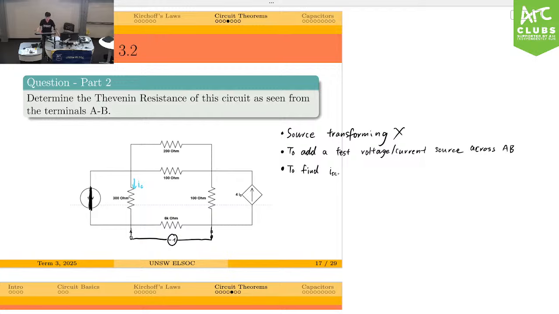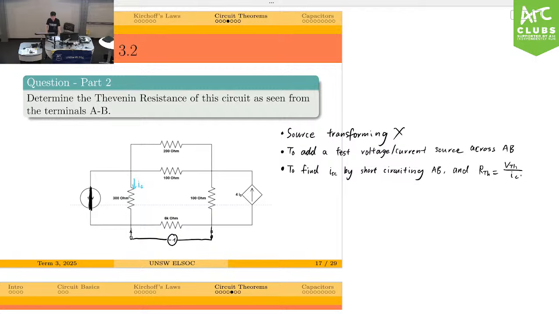SC stands for short circuit. By short circuiting AB, RTH equals VTH over ISC.